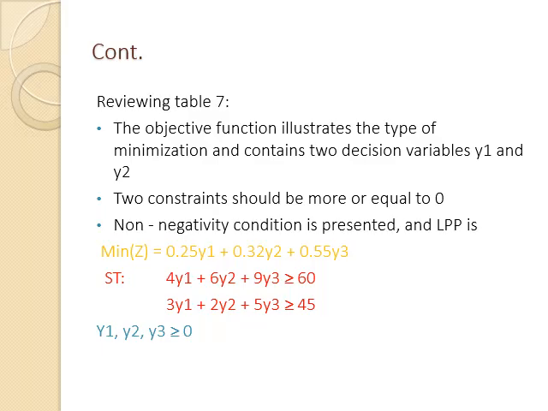For example, for y1 plus 6 y2 plus 9 y3 may be less or equal 60, in order to make the constraint suitable for the problem of minimization.